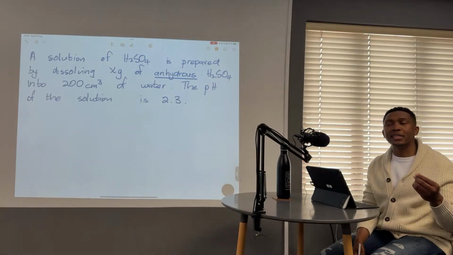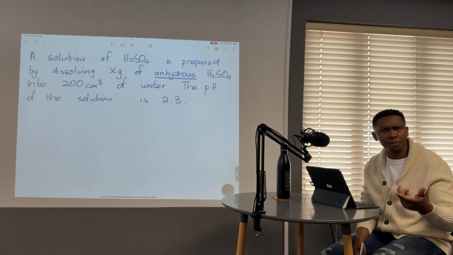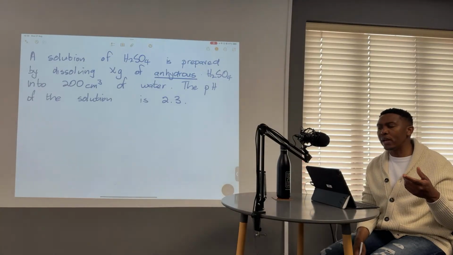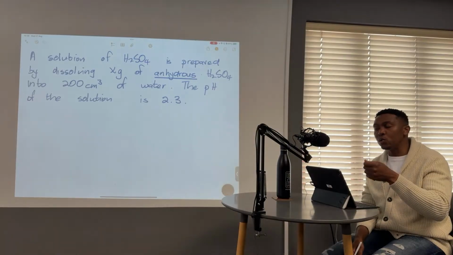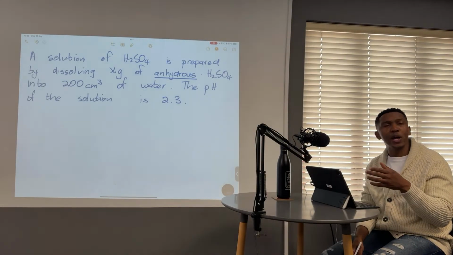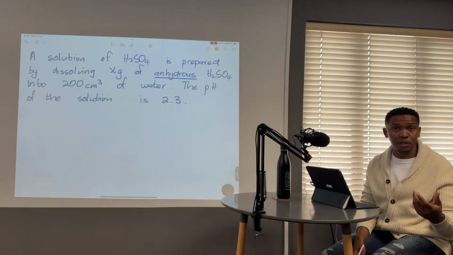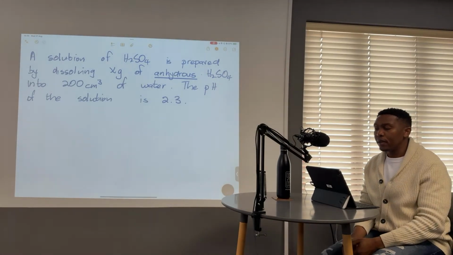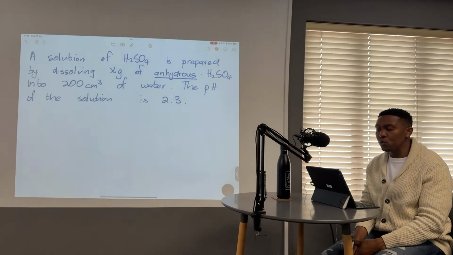When you say that something is anhydrous, it means it's in powder form. So what you do is we are going to dissolve it with water so that we make a solution. Okay? Right. They say that the pH of that solution is 2.3.